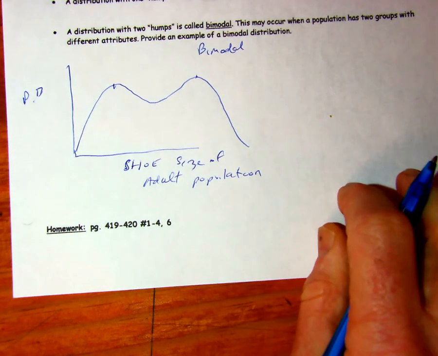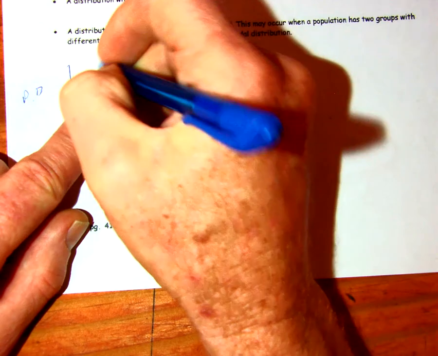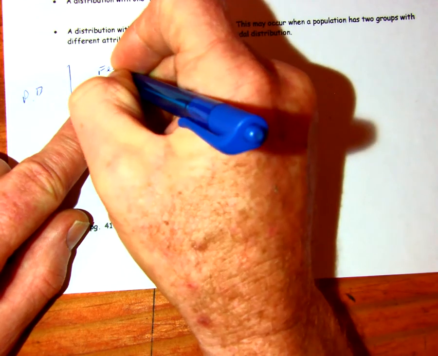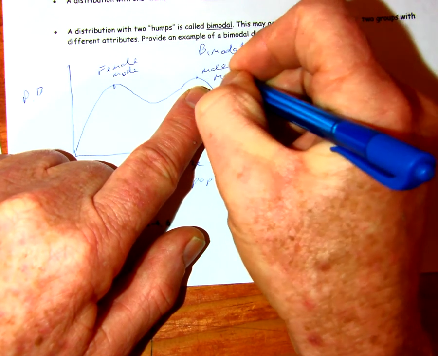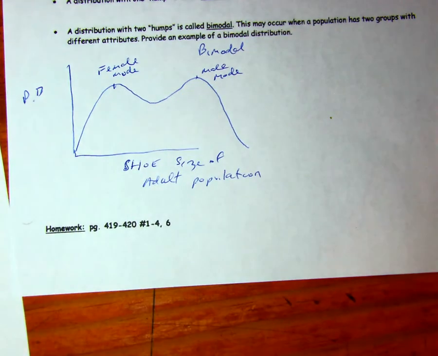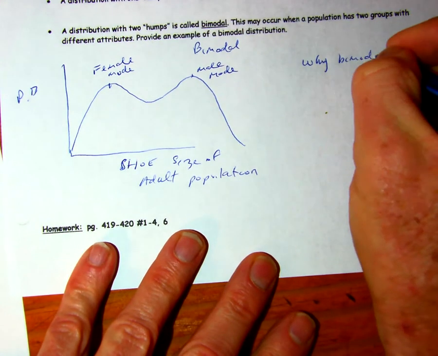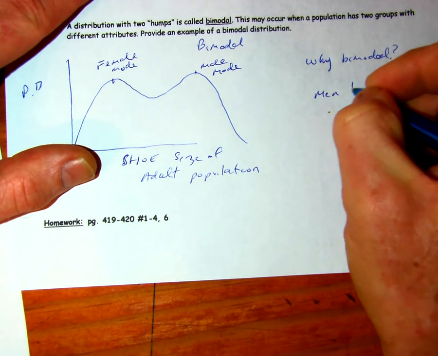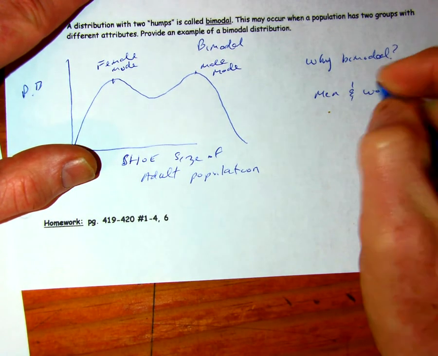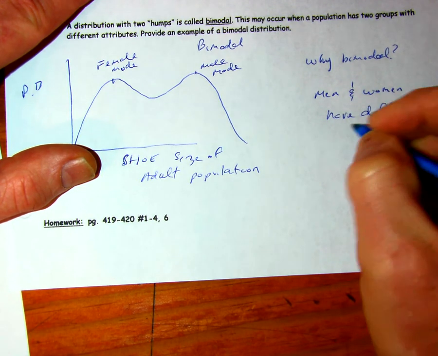You would get a bimodal. Why? What would this mode represent? Female. That's the female mode. What would this one represent? Male. Male mode. Because women, generally speaking, have smaller feet than men. So why bimodal? Men and women have different size feet.